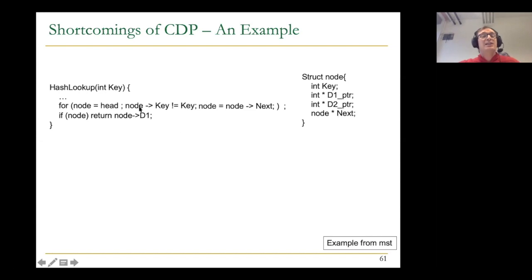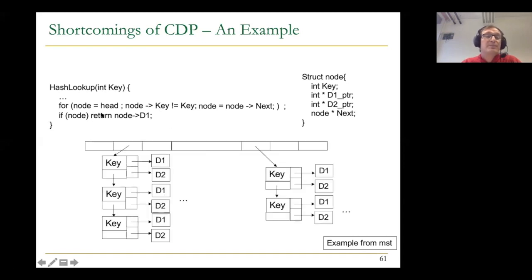Assume that you have a large number of entries in the bucket. What you need to go through is you compare the key that you're looking up to the key that's stored in each node, and you do that until you find a node that houses the same key, or until you basically exhaust the linked list. Right? That's the code for this, clearly.